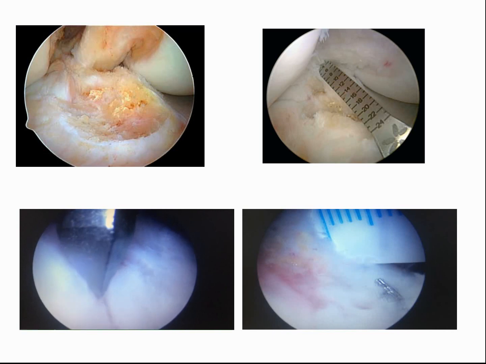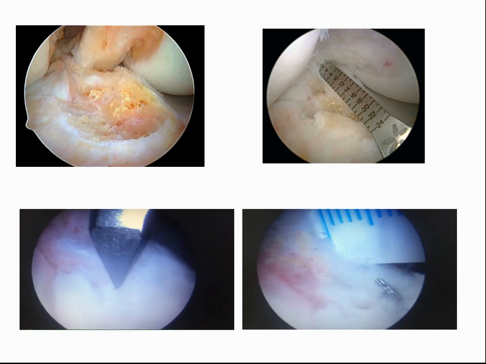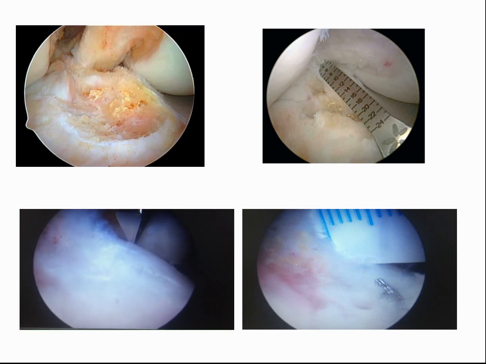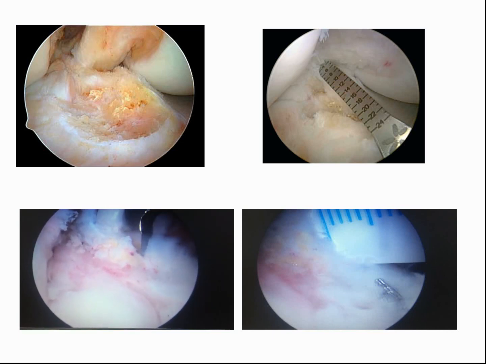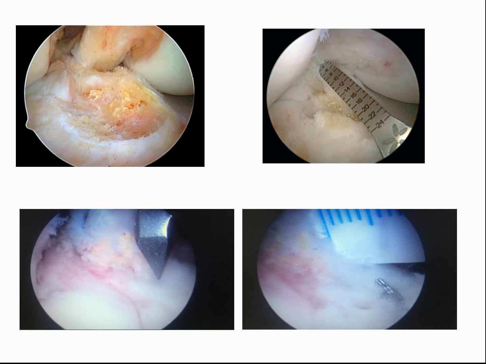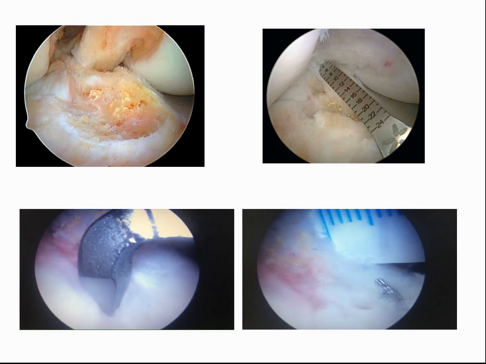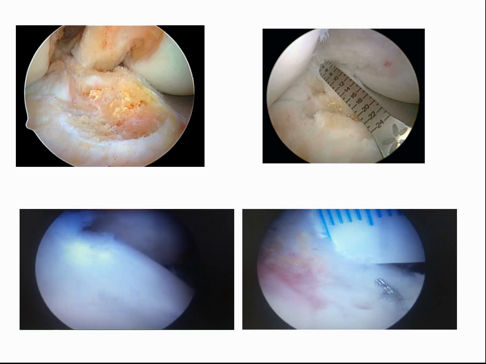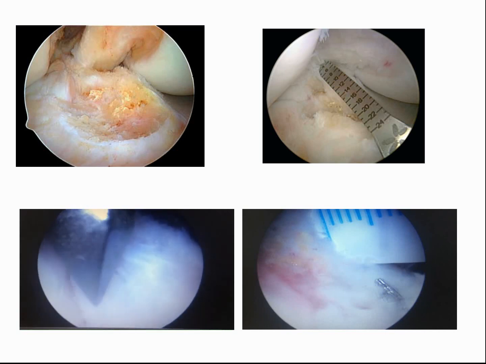In this video I am trying to demonstrate the exact position of the tibial footprint, and normally I use the elbow hammer. Here is the anterior border of the footprint, and I'm marking the posterior border of the anterior horn of the lateral meniscus.